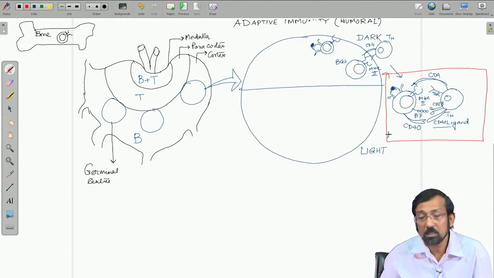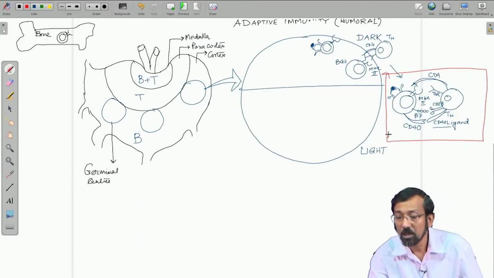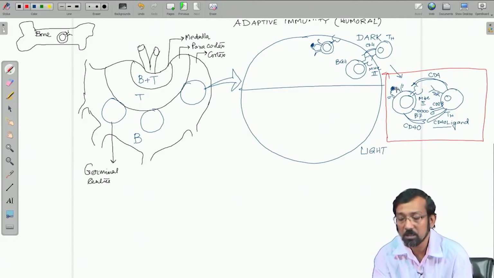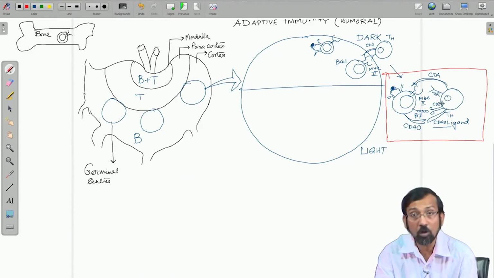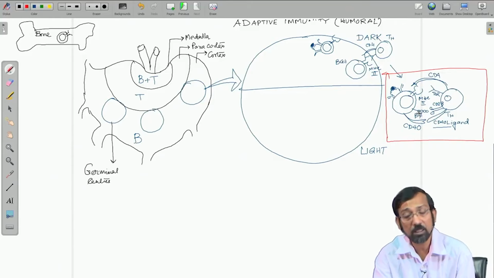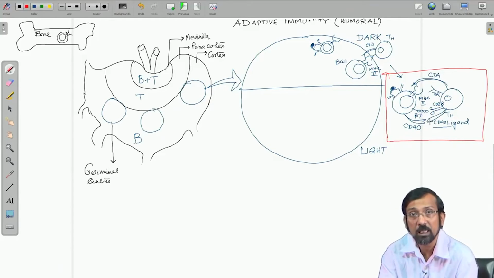So, what are the interactions? Let us just revise them. You have this IgM binding to the antigen, MHC class 2 expressed on the surface of the B cell, leading to its interaction with the T cell via the T cell receptor and the CD4 co-receptor, along with CD28 to B7 interaction and CD40 to CD40 ligand interaction.